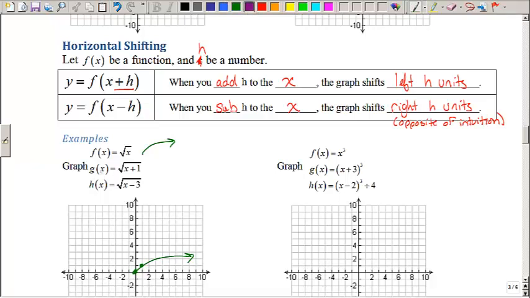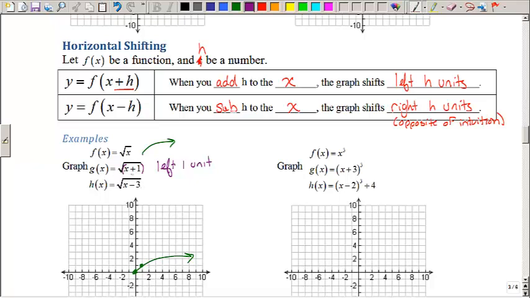For the next graph, g of x, notice I still have the parent function, but this time I'm adding 1. Notice that I'm adding 1 underneath the radical, which means it's connected here with invisible parentheses. So because it's inside and being added to the x, not being added to the function, I am going to move left 1 unit. Plus 1, you would think goes right 1, but it actually goes left.